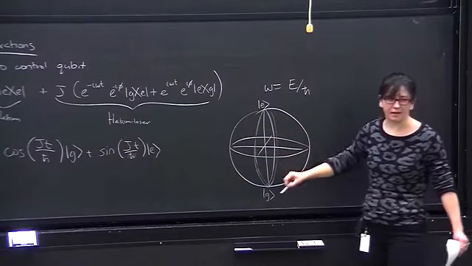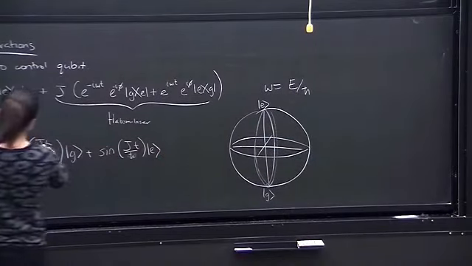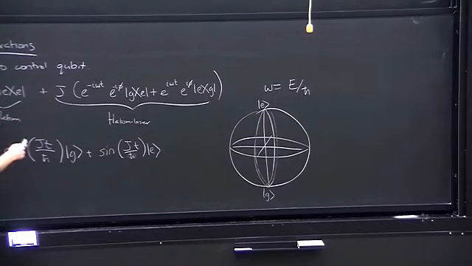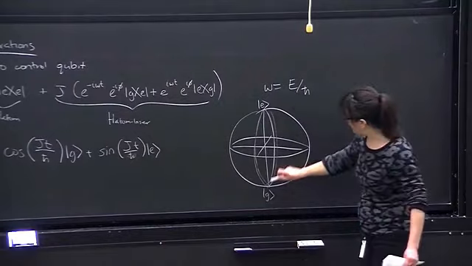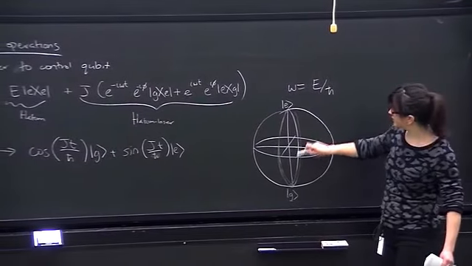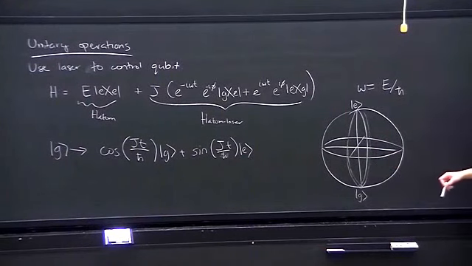And so just by picking the strength of the laser and the time correctly, you can do something like a pi/4 rotation or a pi/2 rotation and so on. So you can do any of those rotations.